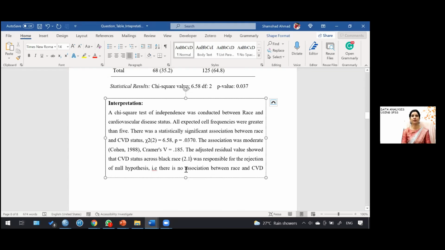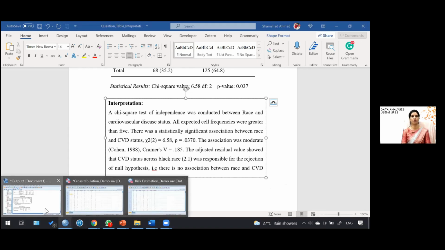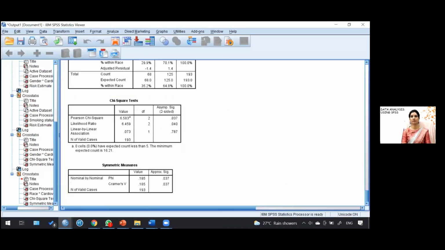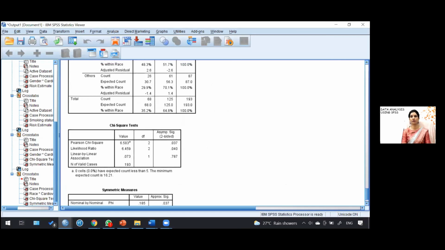So here we could have written it differently, as it was rejection of the null hypothesis. We could replace it with which was responsible for the significant association, right? It has been written in the form of the null hypothesis, so it's up to you how to write it. Ultimately, the main point I want to emphasize is this adjusted studentized value, which I have shown you: if the value is more than 2, here the value is 2.6.